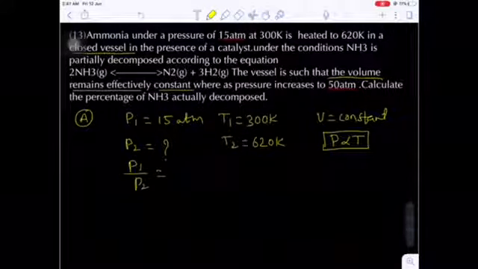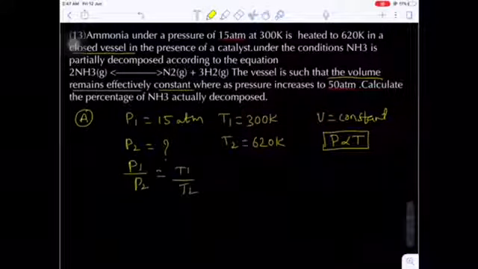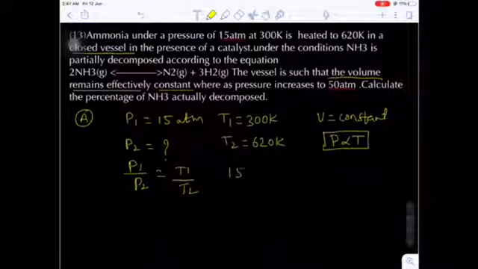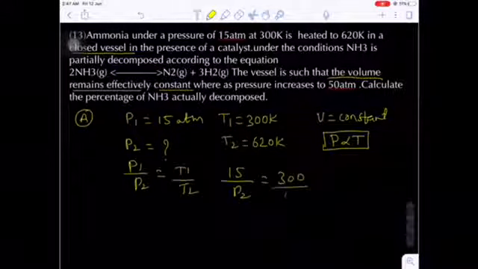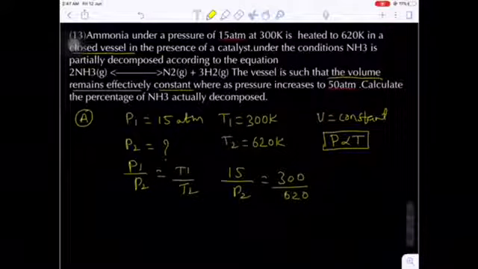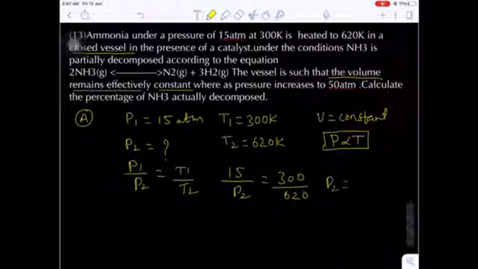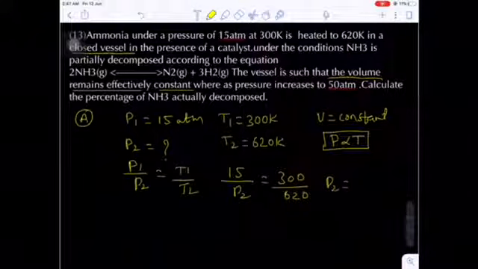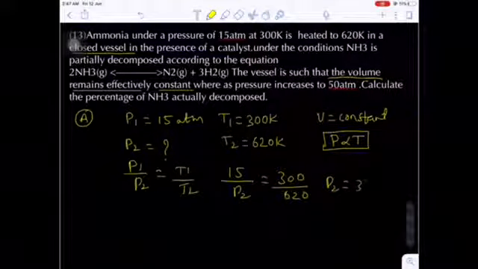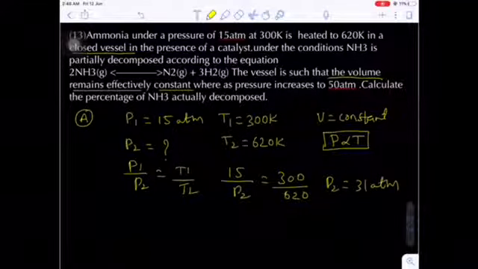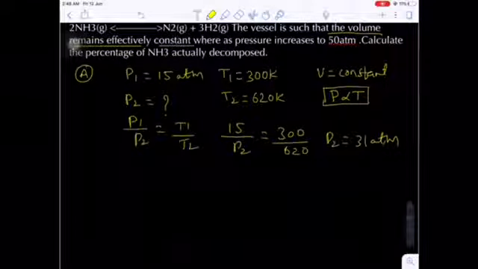So I am writing P1 by P2 is equal to T1 by T2. P1 is 15 atm, P2 is to be calculated, 300 Kelvin by 620 Kelvin. From here the P2 value is equal to 31 atmospheres.